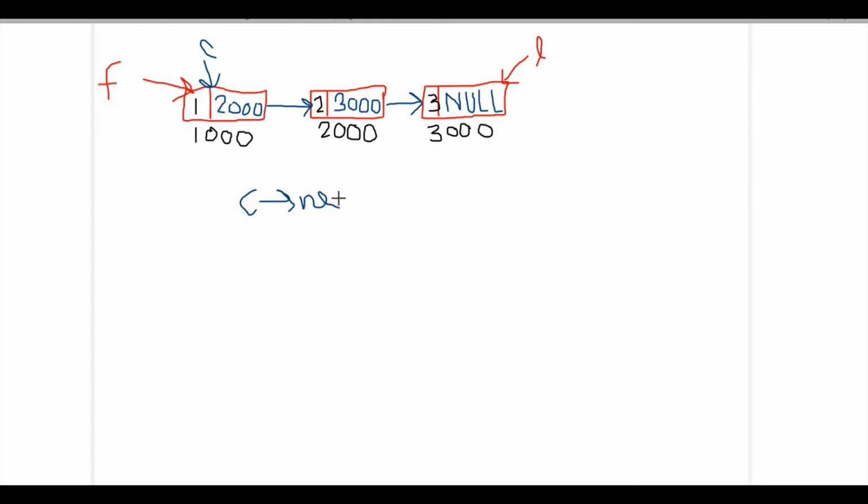Current node to next should not be equal to, sorry, if current node to next equals null.